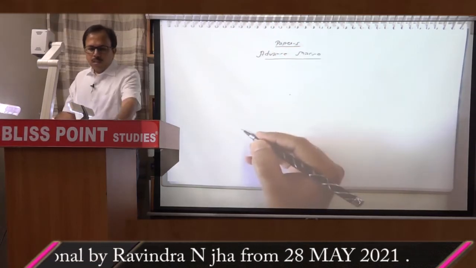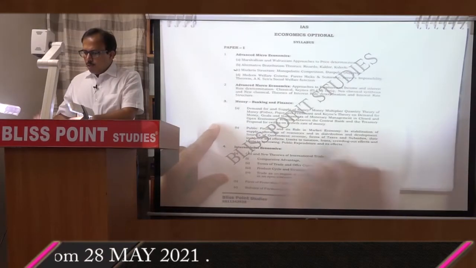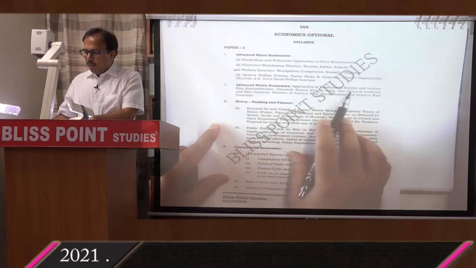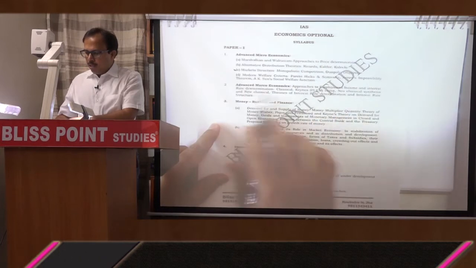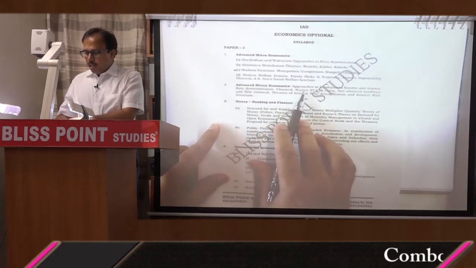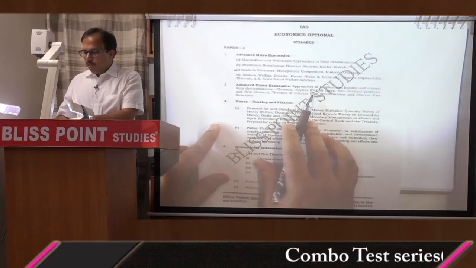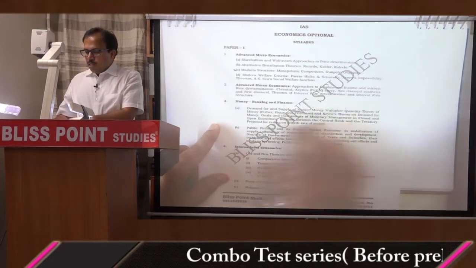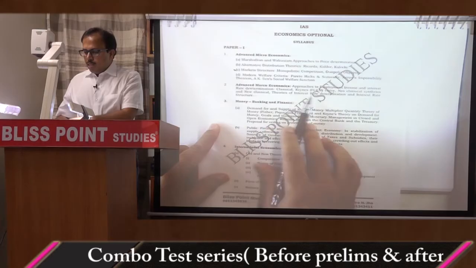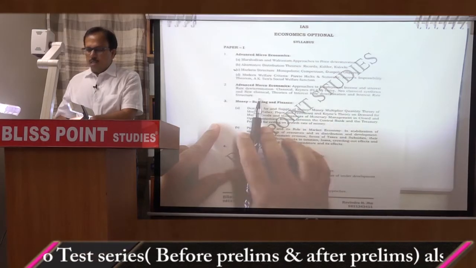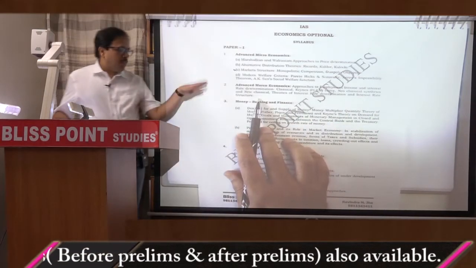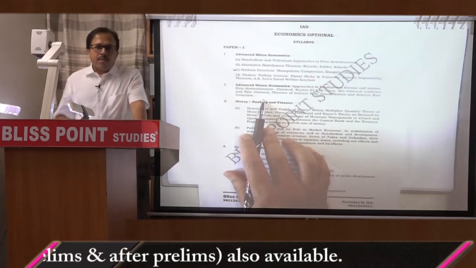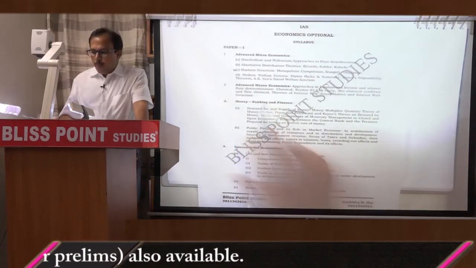The syllabus of advanced macro includes approaches to employment, income and interest rate determination, classical and Keynesian (IS-LM curve), neoclassical synthesis, neoclassical theories of interest rate determination and interest rate structure. So the UPSC site basically gives the syllabus of advanced macro in paper 1.